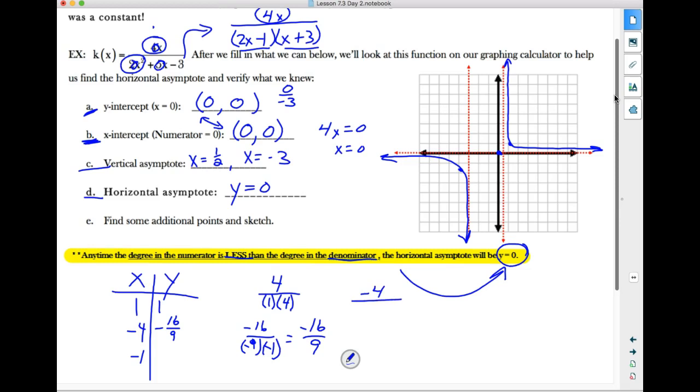And that's going to be divided by 2 times negative 1 is negative 2, so that gives me a negative 3. And when I plug negative 1 plus 3 is going to give me 2. So that's going to give me negative 4 over negative 6, which is positive 2/3. So because that's a positive number, when I come over to a negative, I'm going to come up 2/3. Well, I can see this is now going to be coming up on me like that.